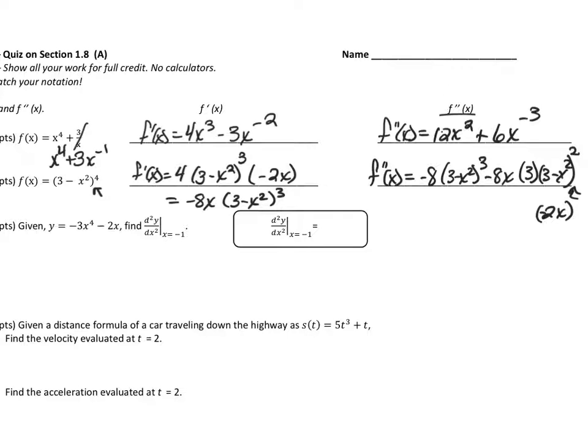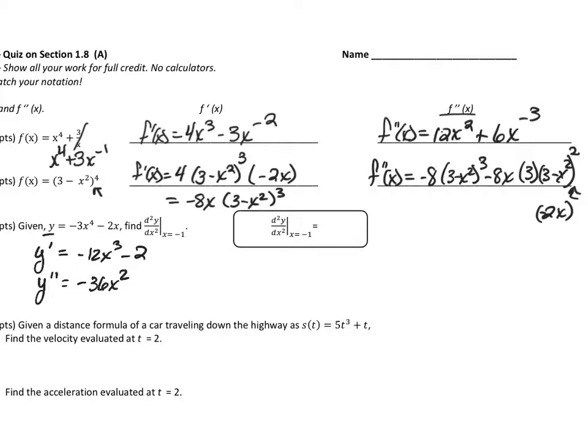Okay, next one. For this one, we're given y, and we have to find the second derivative evaluated at negative 1. So let's find the first derivative: negative 12x cubed minus 2. Second derivative: negative 36x squared. The derivative of the 2 is 0. And then now we have to evaluate that.